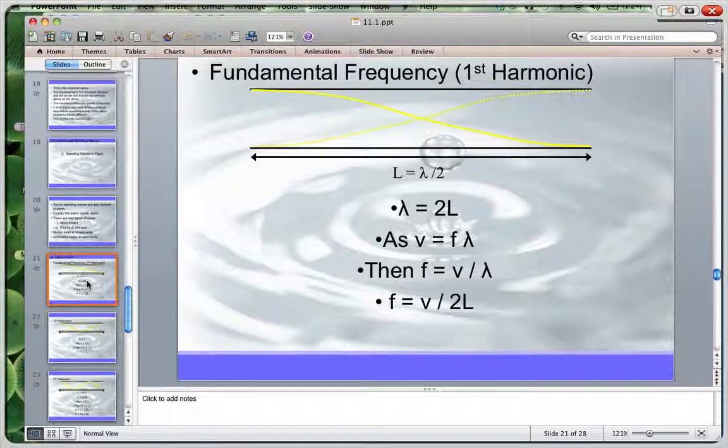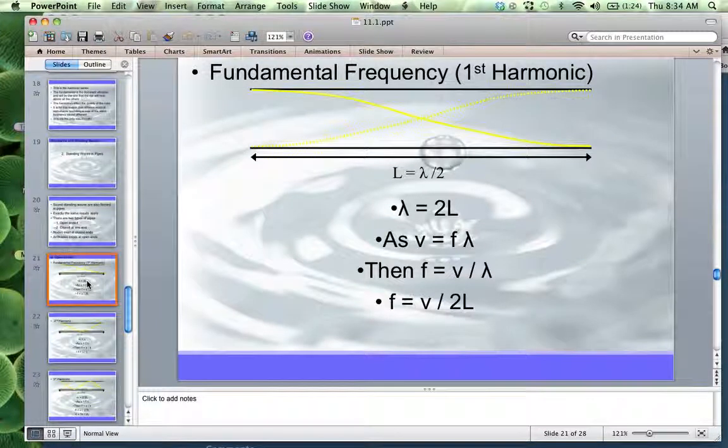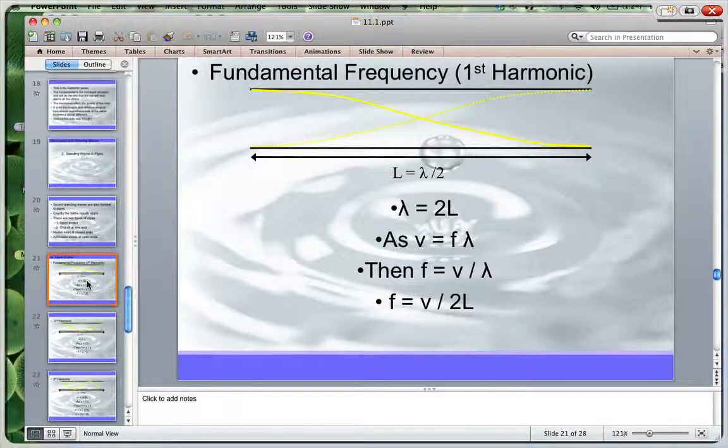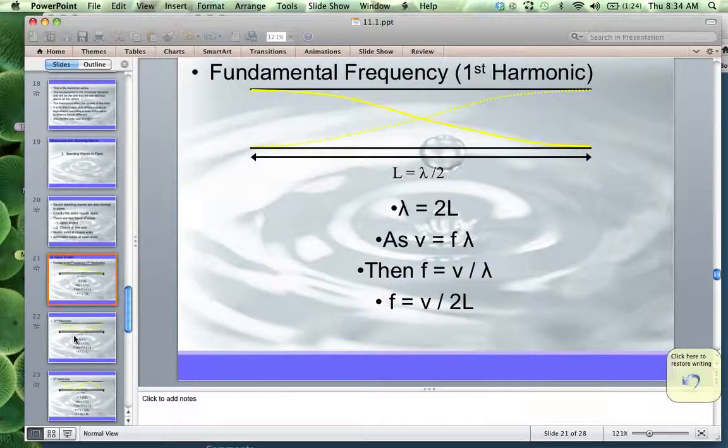Because if I extend this down here, it would come down to there, and I'd have another half there. So this is half. So as before, we get our frequency is equal to V over 2L. I don't need to go through that all again. That's straightforward. So we can build up for our next one.